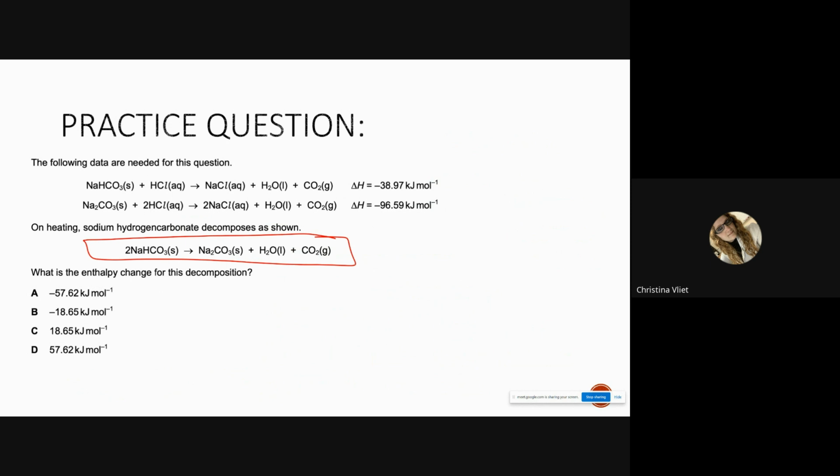I'm going to let you think about it this time because I worked through the first one myself. So see what is different between this and this. How can you combine those reactions and make the one that I put a box around, the one that they're looking for the delta H for? I'll let you think about it first. Try it yourself.